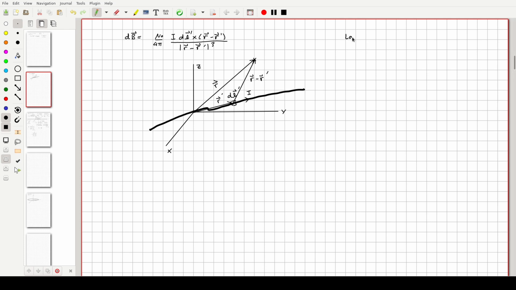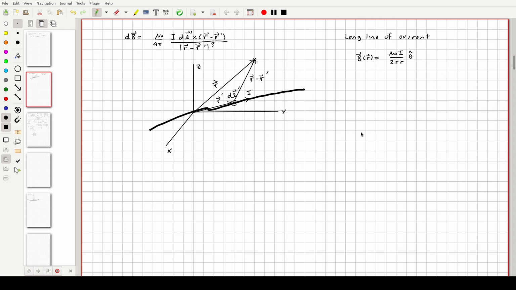For a long line of current, we would say that your magnetic field, as a function of r, looks like mu naught I over 2 pi r theta hat.